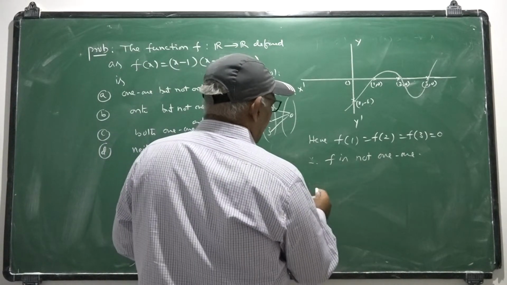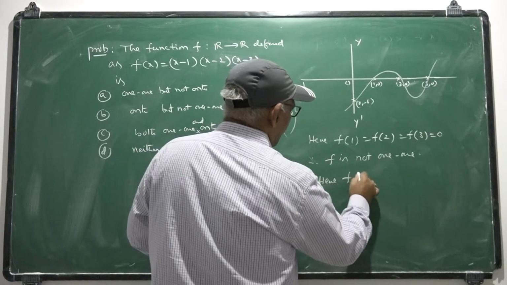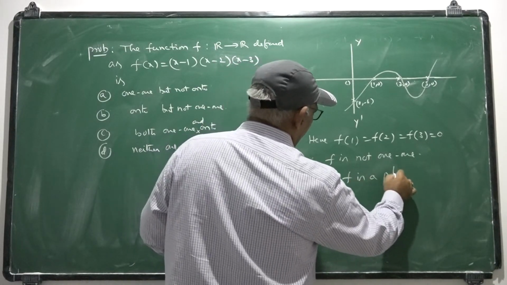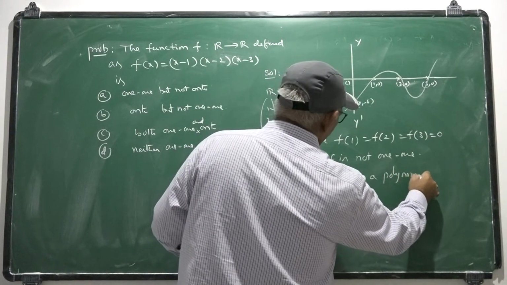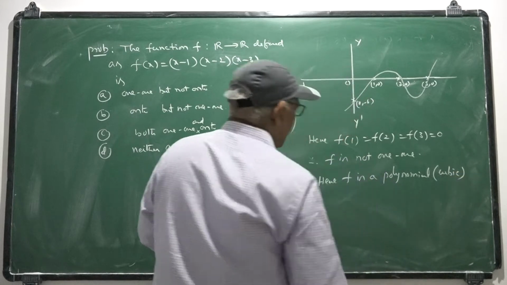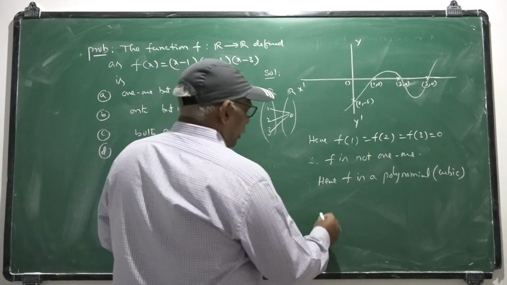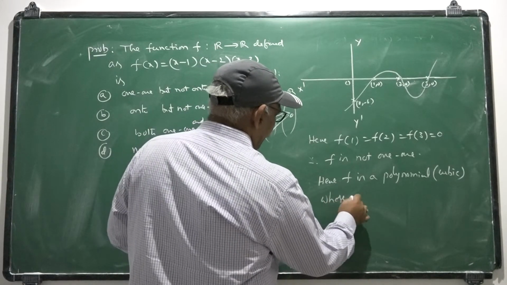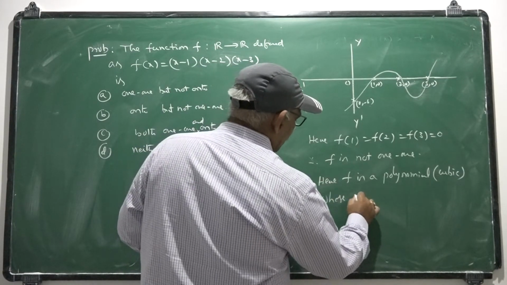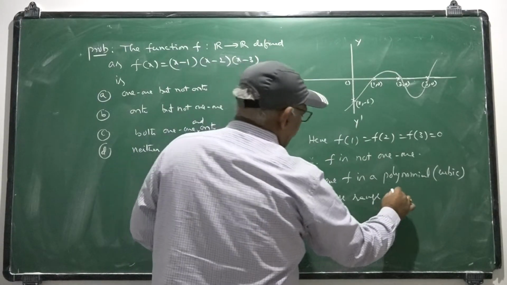Here f is a cubic polynomial, a polynomial of degree 3, whose range is R, the set of real numbers.